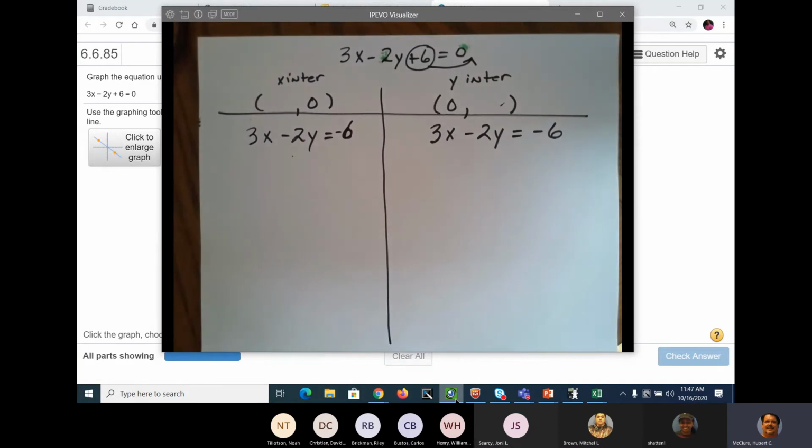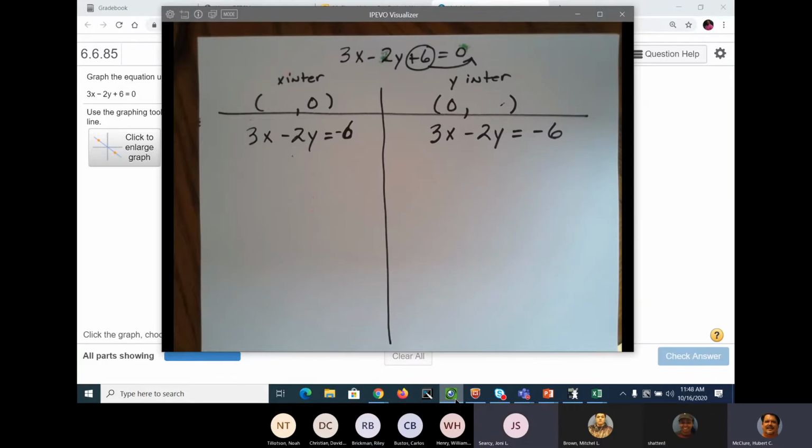All right, so just like I said the day that we went over this, what do you notice about the way that I lined up the equation under the x-intercept and the y-intercept?